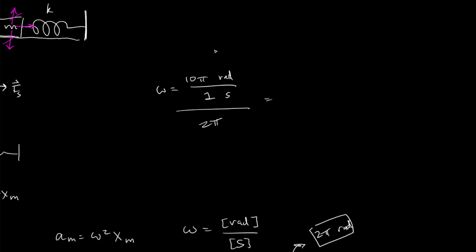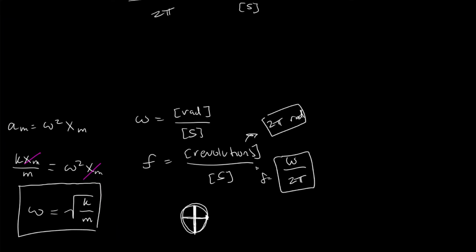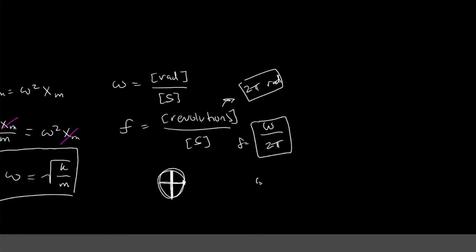We get a real frequency of 5 revolutions per second. So frequency equals omega over 2 pi, or omega equals 2 pi f.